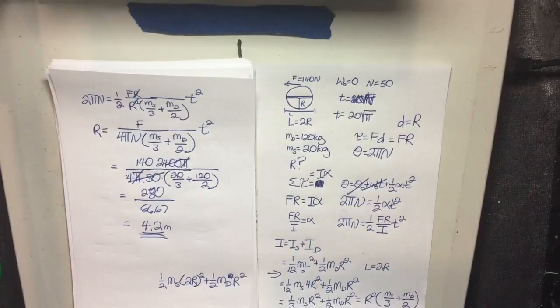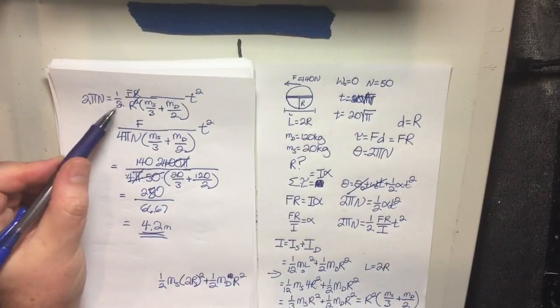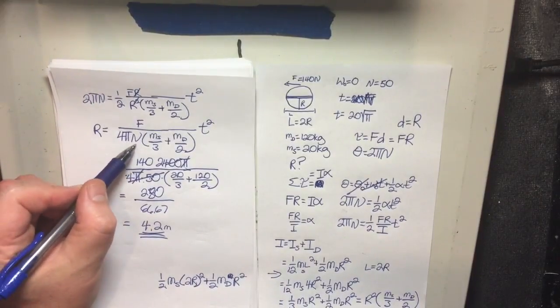Question. At the top of that left page, so you multiplied by 2 on the left, get rid of the 1/2, and then moved it back under? No, what I did is I brought the 2 pi n down, and since there's a 2 there, the 2 pi n becomes 4 pi n.